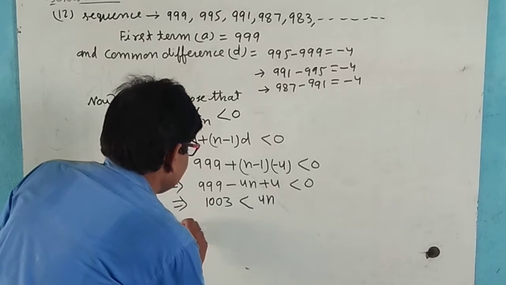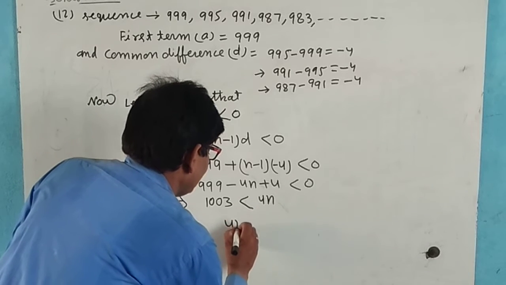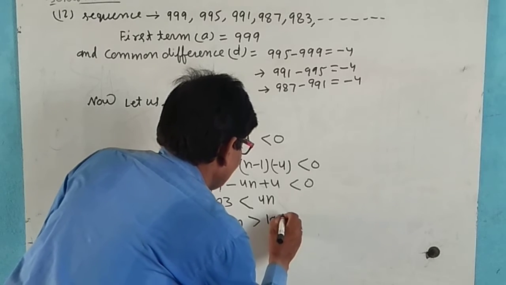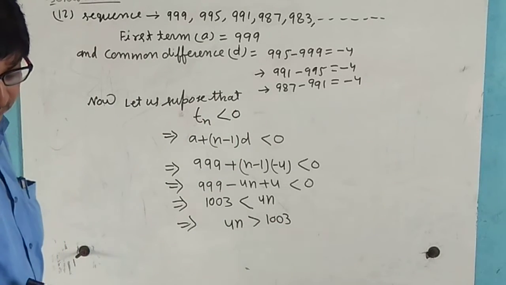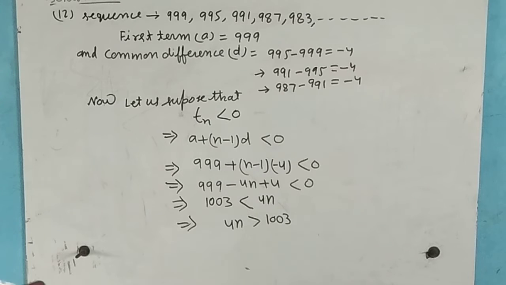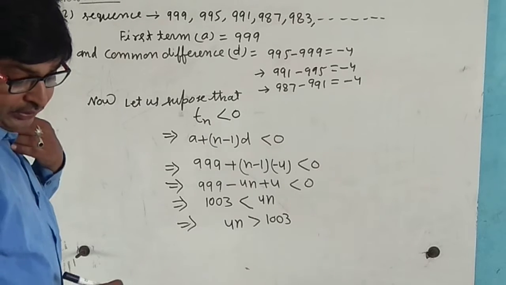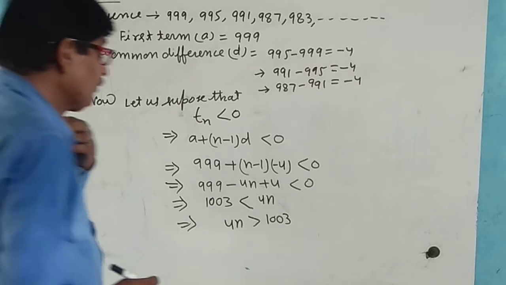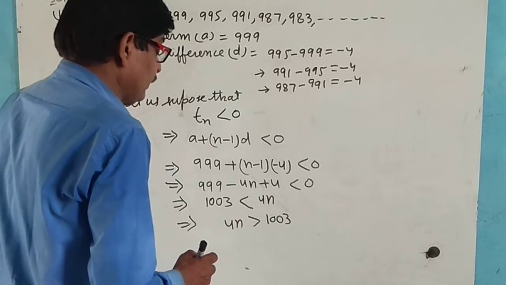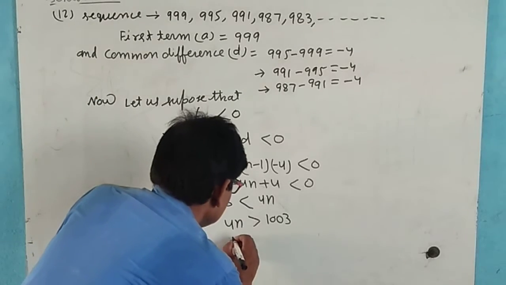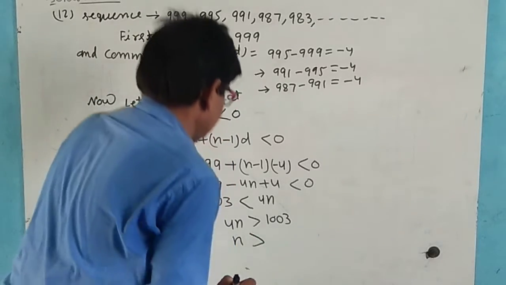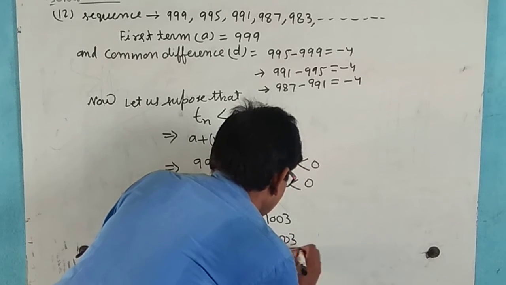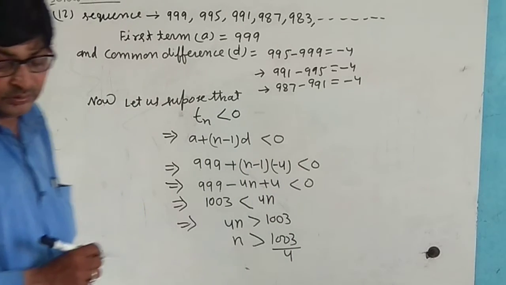It means that 4n greater than 1003. Now n greater than 1003 divided by 4.